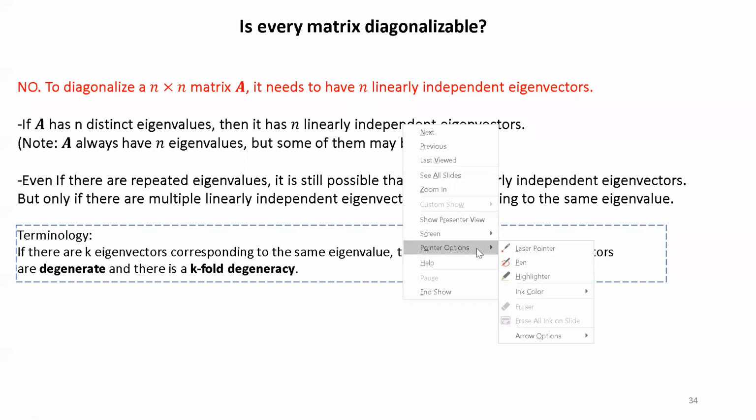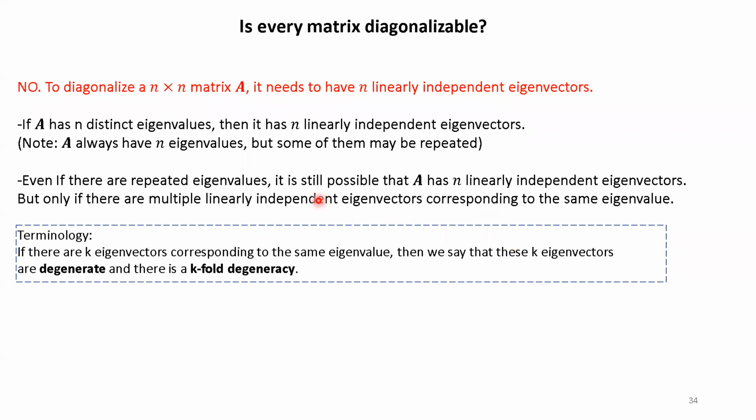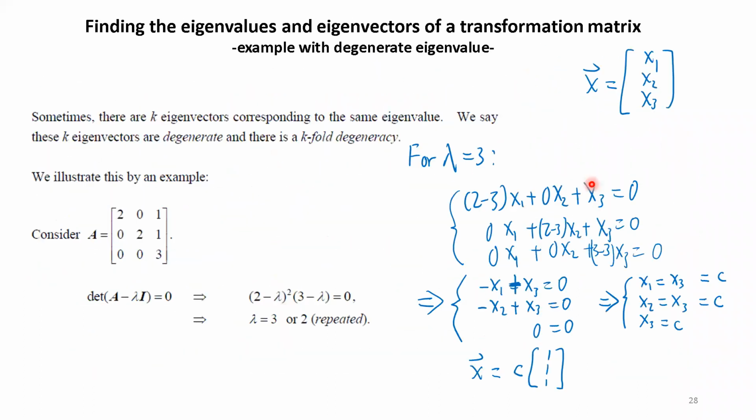Now, the case you might need to worry about is when there are so-called repeated eigenvalues, just like the first example I showed you in the lectures. Then you need to check whether the matrix A still has n linearly independent eigenvectors. If I go back to this example here, I do have a repeated eigenvalue.